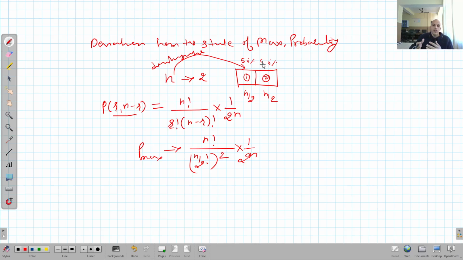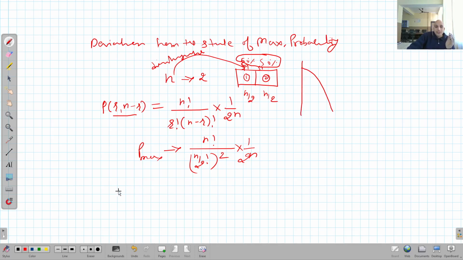If I slightly deviate from it, if I make it 49 and 51, then I want to see what is the probability of the new macro state. At the end of this derivation we will learn that this system always tries to remain in the state of this 50-50 distribution. If we want to go away from this state, then the probability decreases rapidly, right?